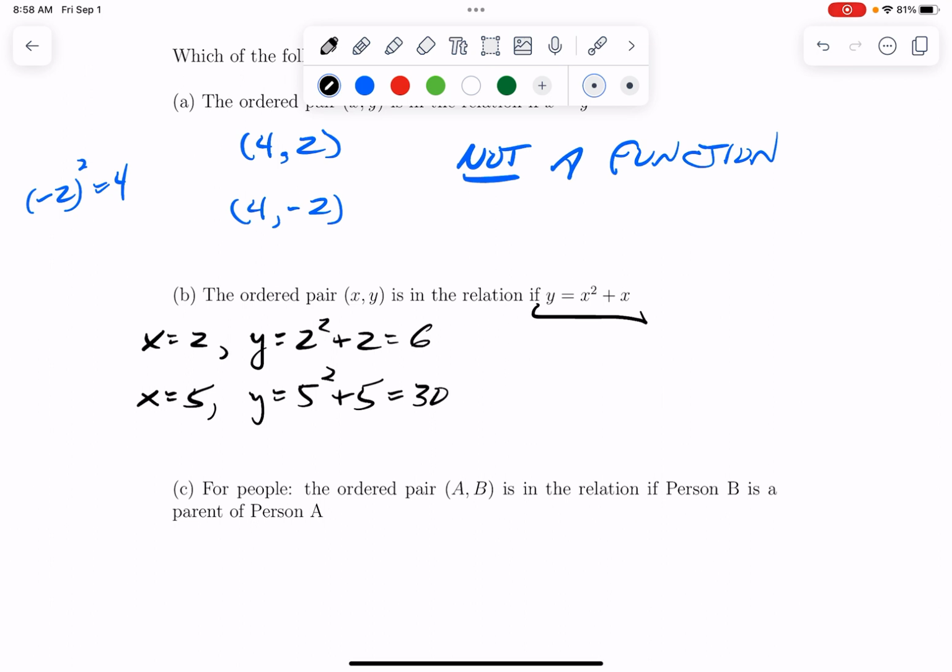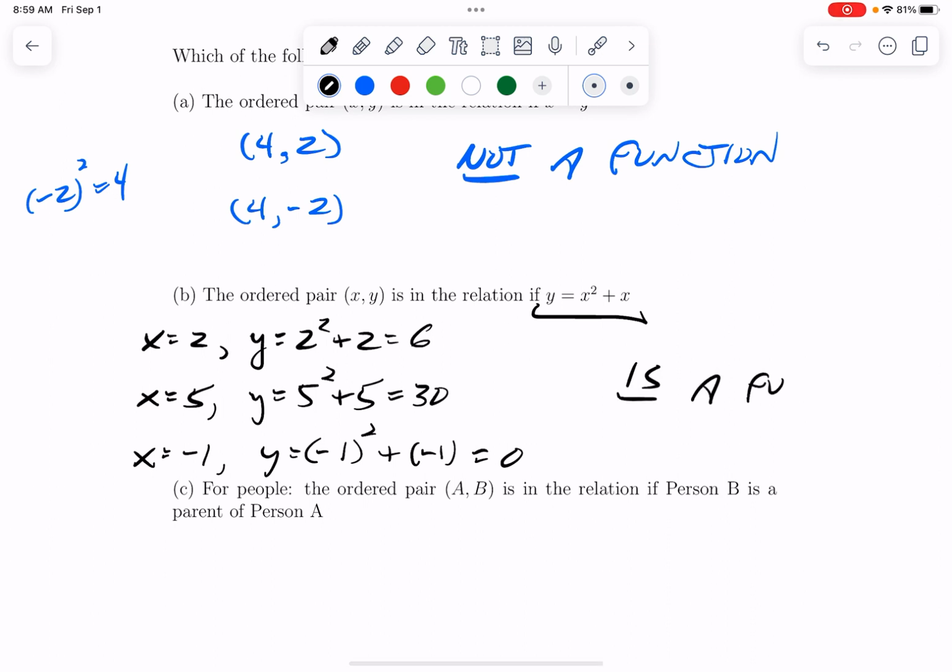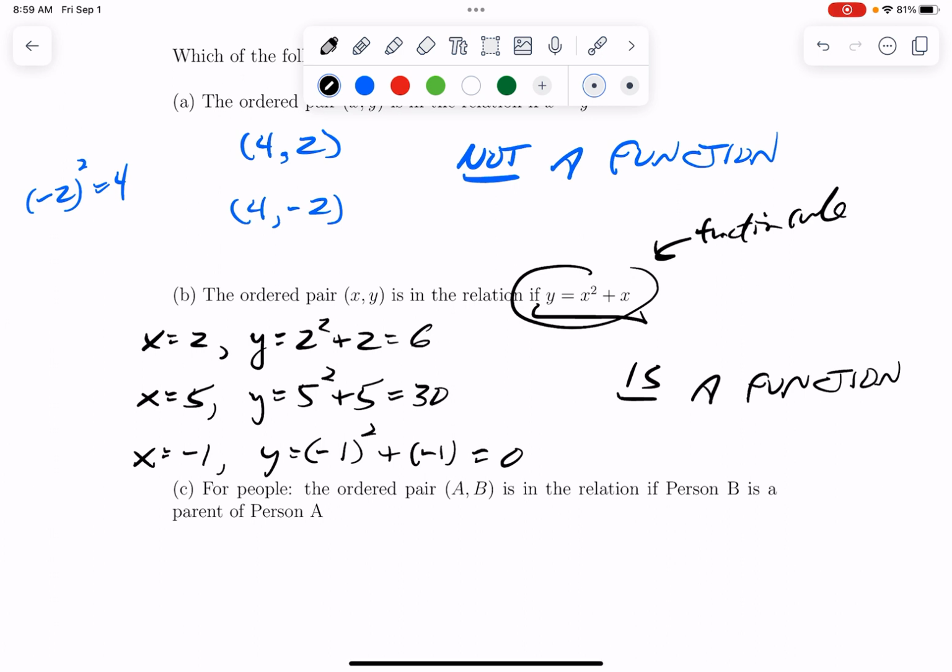I don't get anything else. If x is equal to negative 1, I do the arithmetic and I get 0. I don't get anything else. So this is a function. And what we're looking at here is what we call a function rule. It's telling us exactly what to do to the input in order to figure out the output, so we know exactly what number we're going to get.